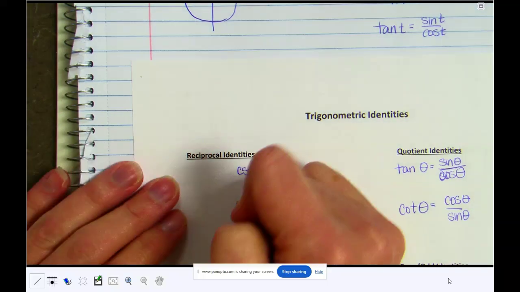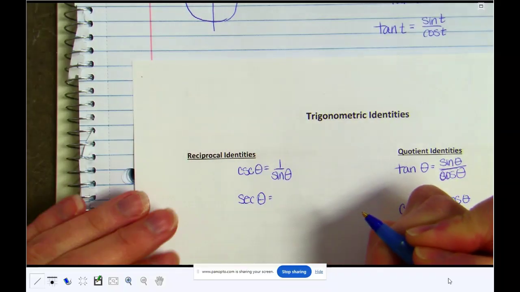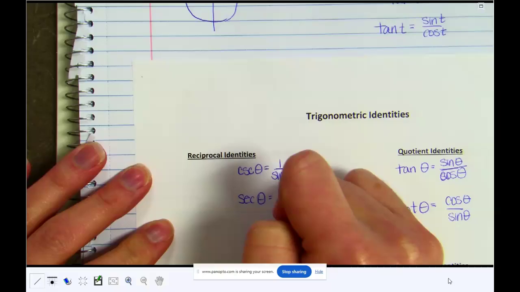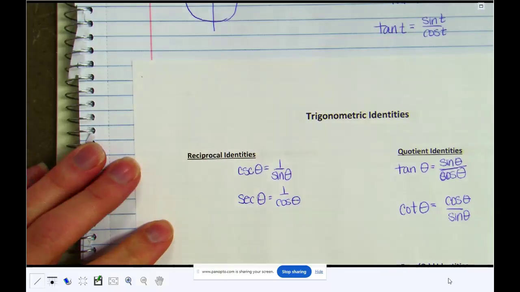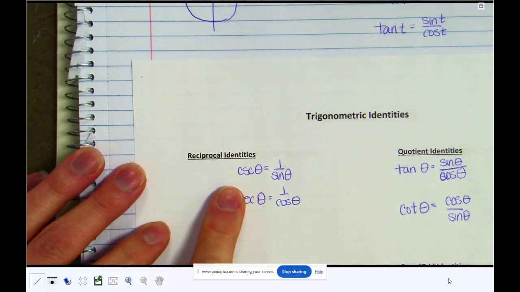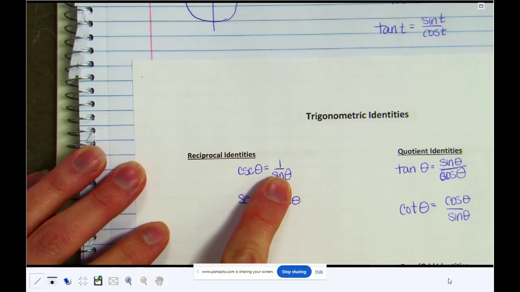So then what's secant? No. We talked about this when we were talking about solving. What are you allowed to do when you have something on the left and something in the denominator?